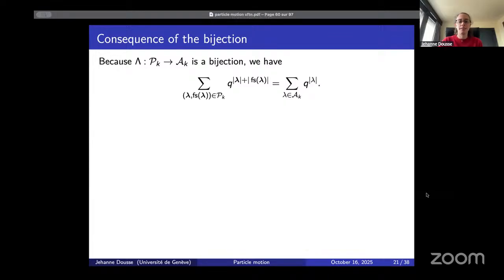Okay, so this bijection so far is not between exactly the sets that we want. It is between this set PK of pairs of k-tuples of partitions and their frame sequences, and the set AK of partitions satisfying the frequency conditions. Because of our bijection, we have this identity.